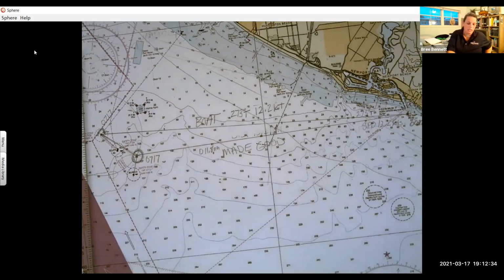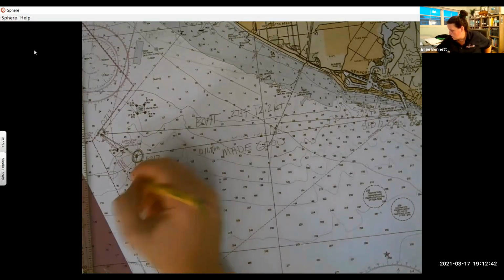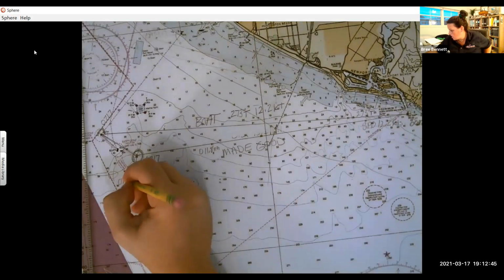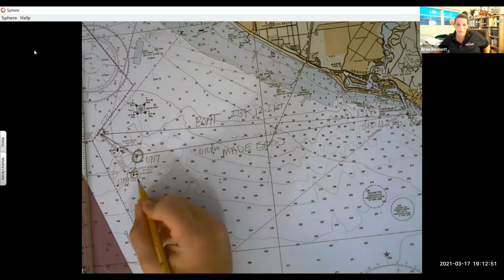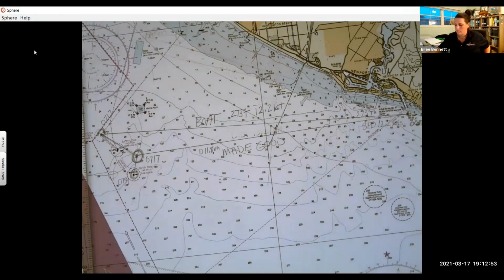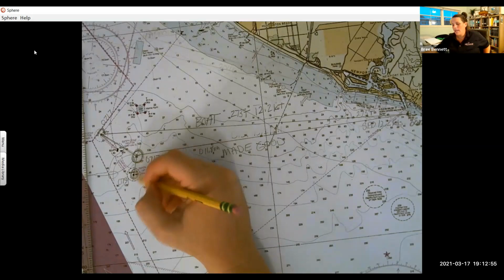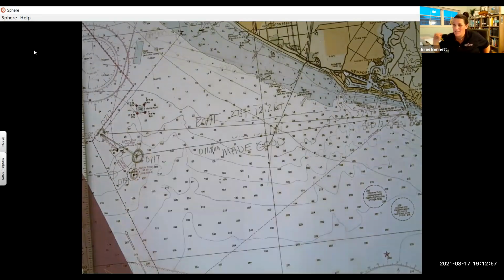What's 42 minutes? 42 plus 17 gives us 59. So then at 7:59, we end up right at Eureka. So we only have one line, but we're still going to label this line kind of like a triangle.